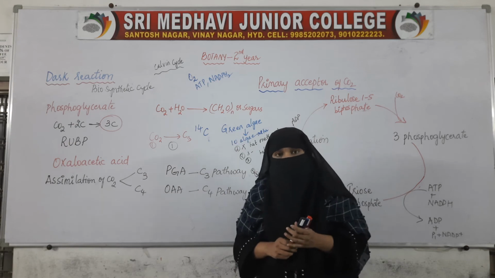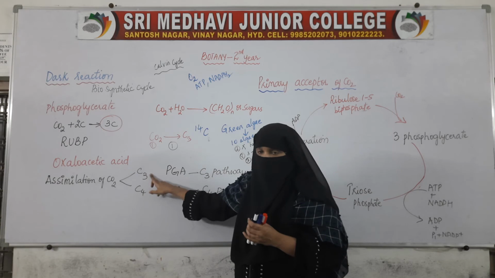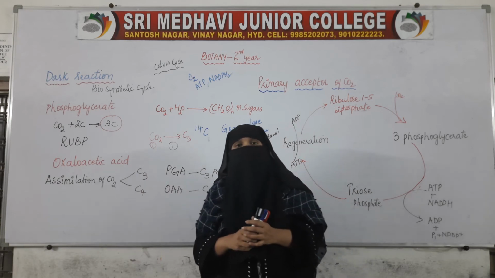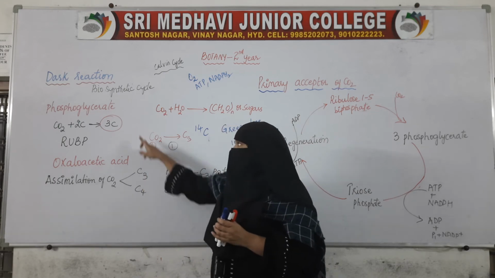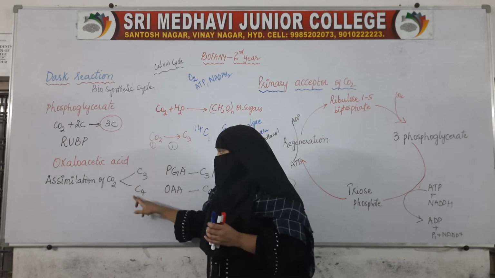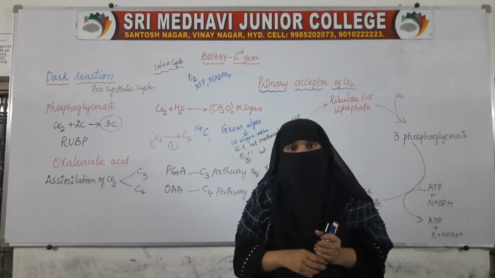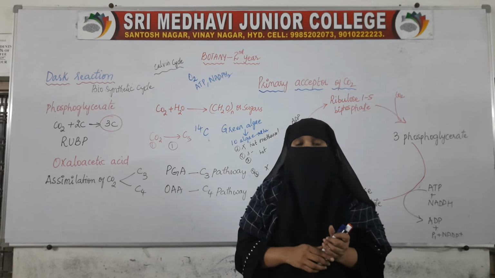In C3 plants the first formed product is a 3-carbon compound, and in C4 plants the first formed product is a 4-carbon compound. In C3 plants the product is phosphoglycerate or phosphoglyceric acid, and in C4 plants the first formed product is oxaloacetic acid.